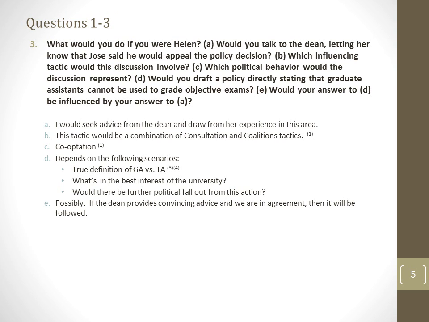If it's a TA, then one way or another I can decide which may be applicable. The next thing I would want to consider is what is the best interest for the university and for the students in terms of, would they learn, would they have a better experience if the professor grades the exams rather than somebody else? And last but not least, would there be further political fallout because of this action?